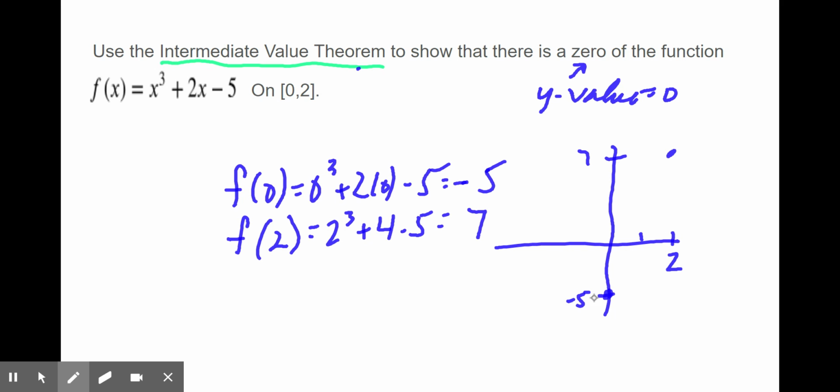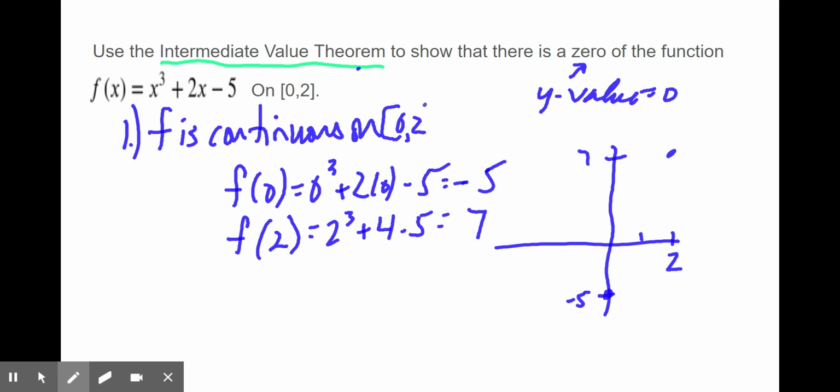However, remember the if part of the intermediate value theorem. Look back on your paper, okay? The if part of the intermediate value theorem says something very important. It says that f has to be continuous on 0, 2, right, on the interval.